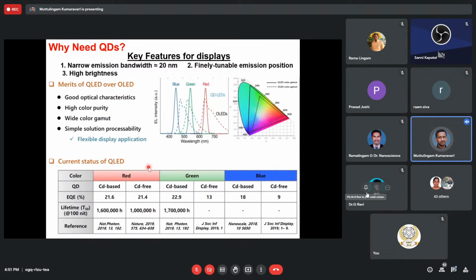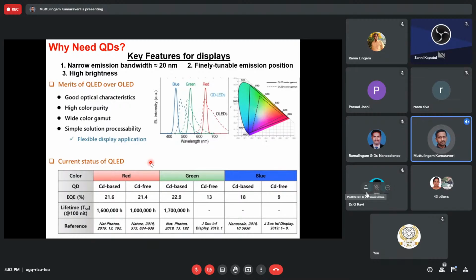So we can use a big substrate and make a big size display. But for OLED, which mainly uses small molecules, there are a lot of problems to fabricate on a big substrate. It is not possible; solution processing is sometimes very difficult.